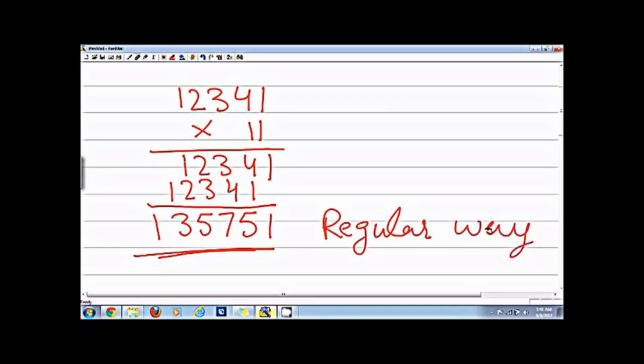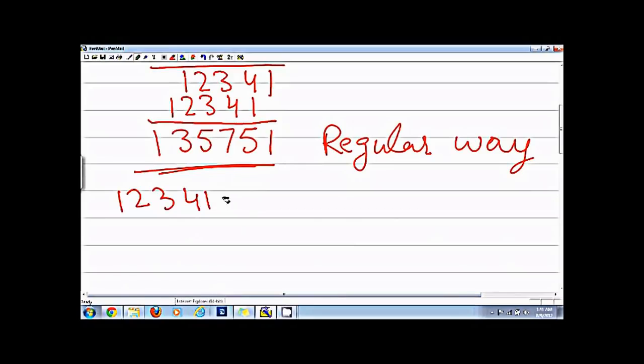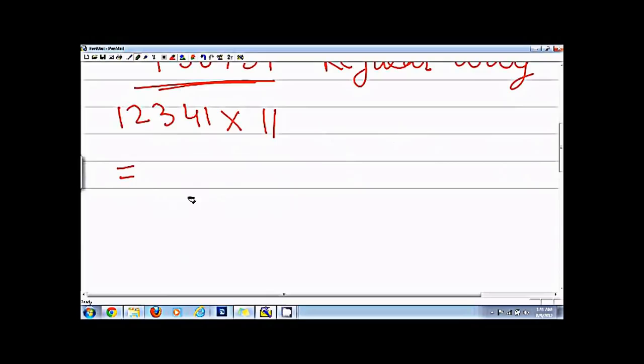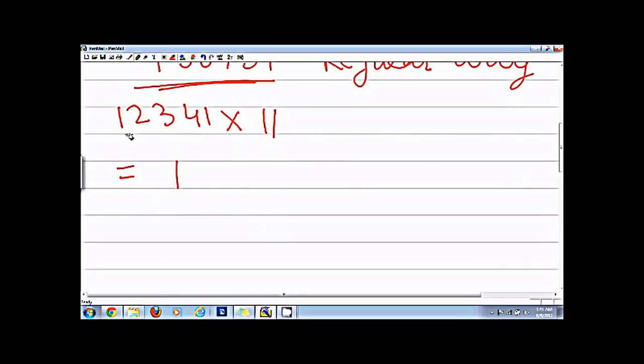Now we can skip all this writing and approach this problem in a different way. Suppose we have 12341 and we want to multiply it by 11. I will write 1 here, then add 1 and 2, which is 3, then add 2 and 3, which is 5, then add 3 and 4, which is 7, then add 4 and 1, which is 5, and then write 1 at the end.